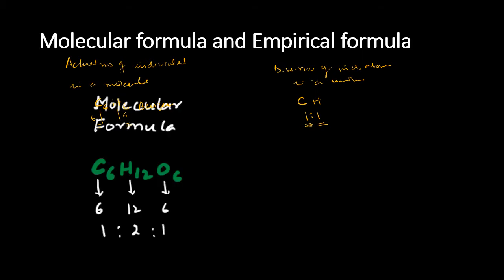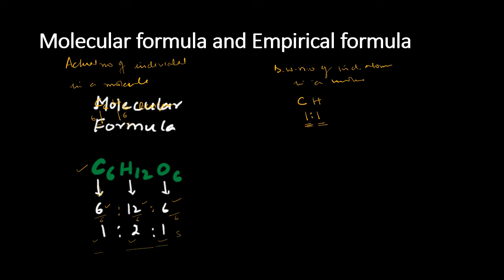So the molecular formula for glucose is C6H12O6, and the ratio of the individual atoms is 6:12:6. And when we write the whole number ratio by dividing each by 6, we get 1:2:1.